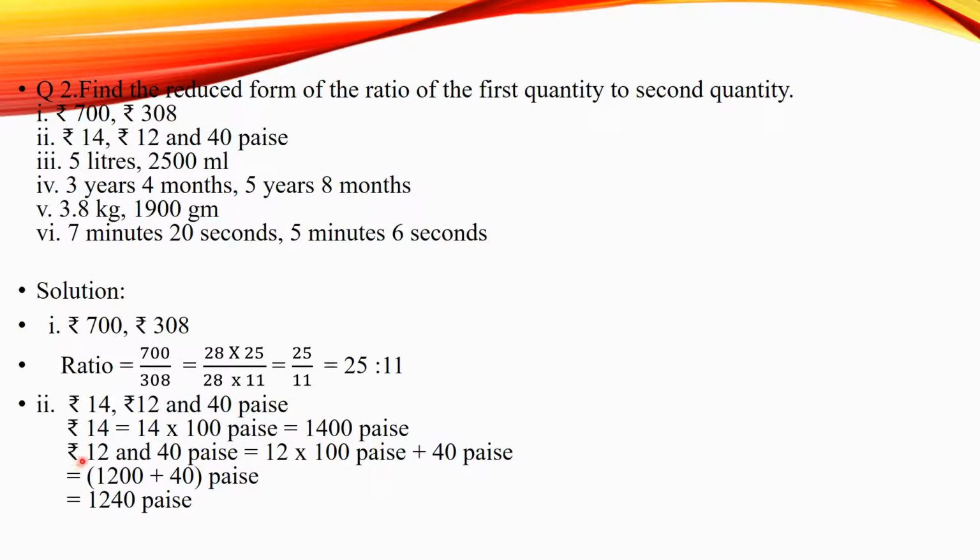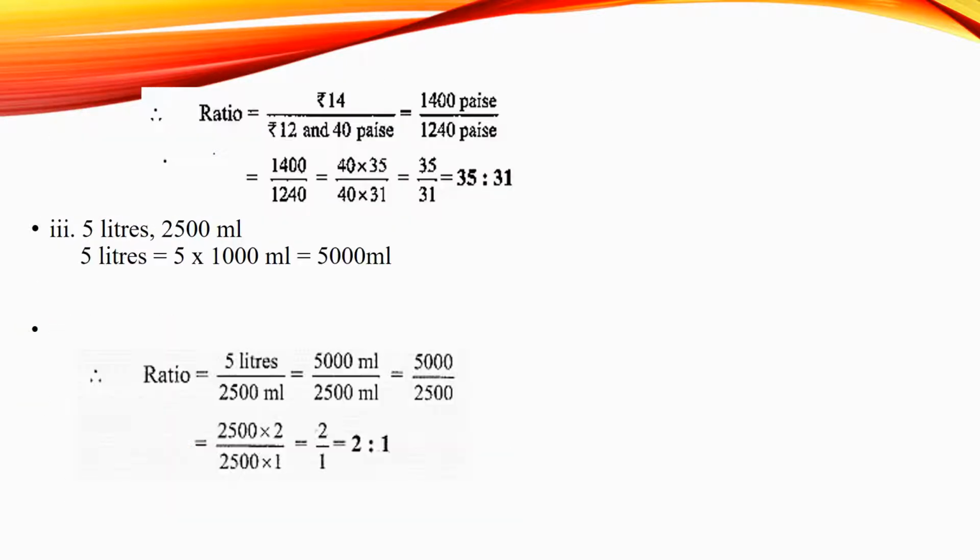Now converting 12 rupees and 40 paise, we get 12 multiplied by 100 plus 40 paise. So 1200 plus 40, we get 1240 paise. Now we will take the ratio of rupees 14 upon 12 rupees 40 paise, which will be equal to 1400 paise upon 1240 paise.